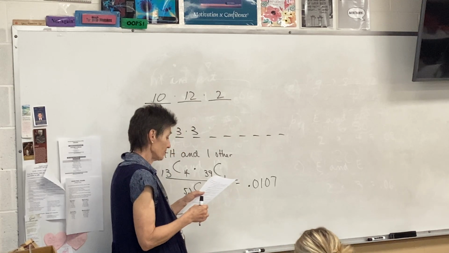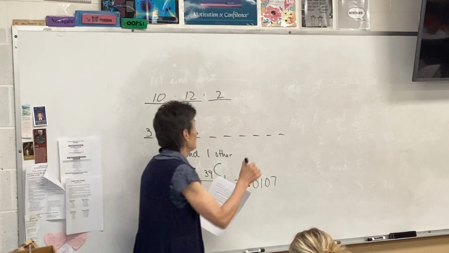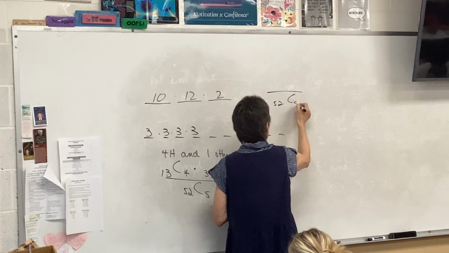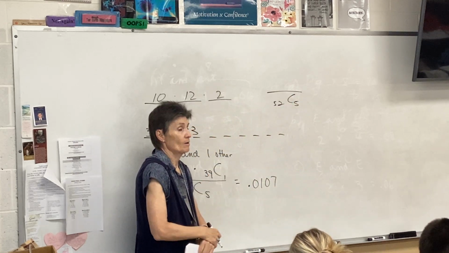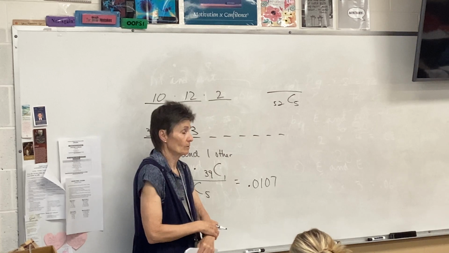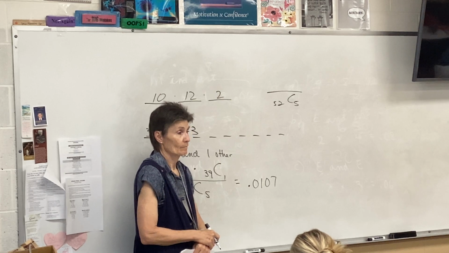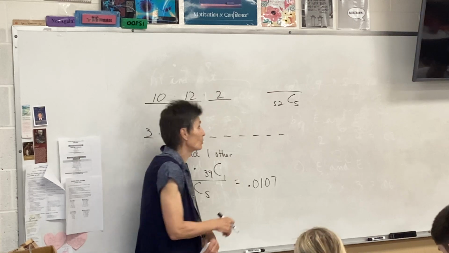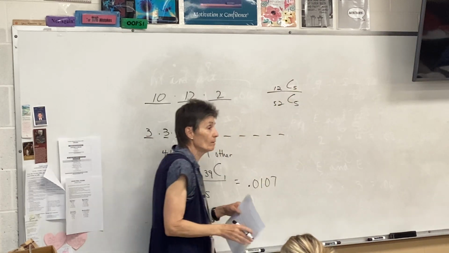5-card hand that has all face cards. So it's a probability again. So 52C5. Now, all face cards. What's that numerator going to look like? 12C5. Where did the 12 come from?